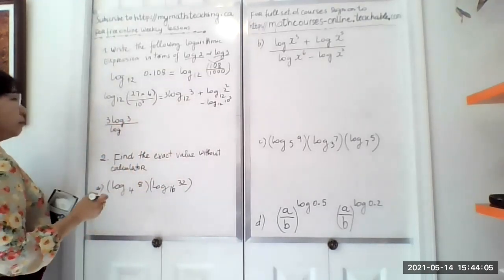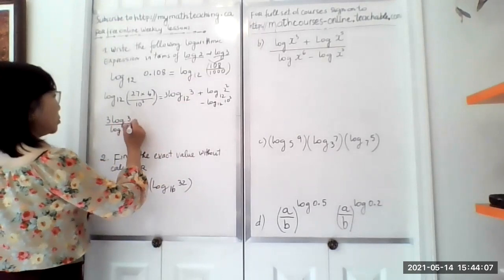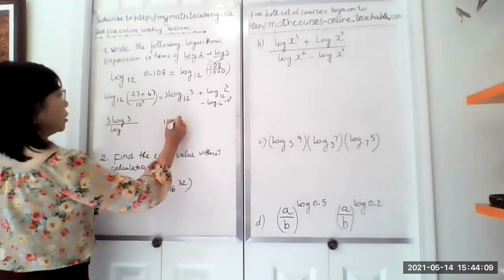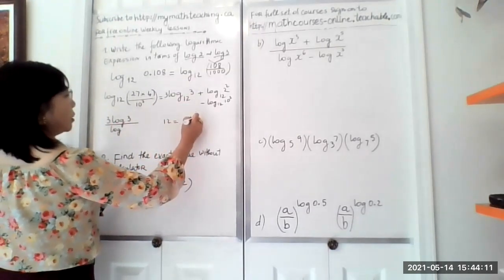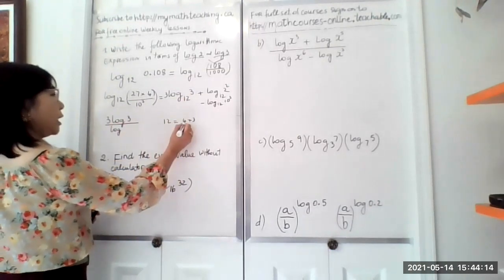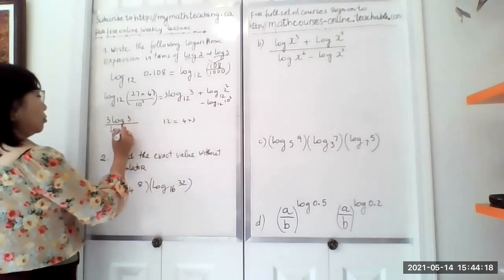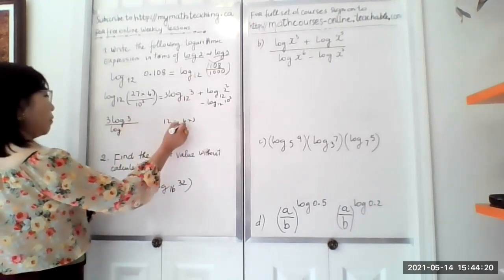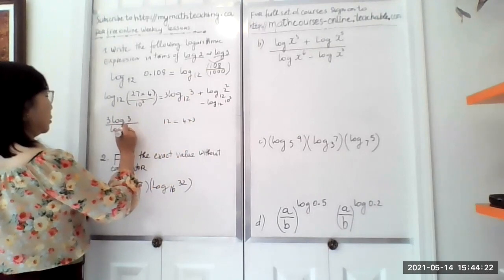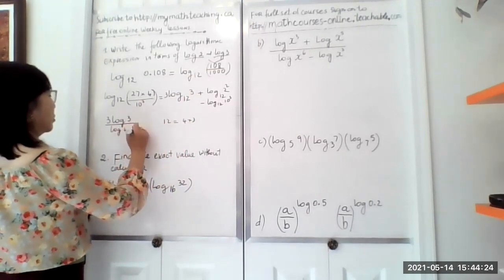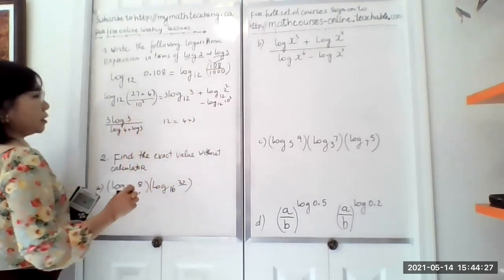That's how we split them. But remember, we also can change the 12 equal 4 times 3, which means we can add the log 4 to log 3 actually, right? So log 12 here will become log 4 adding with log 3. So that's the first number.